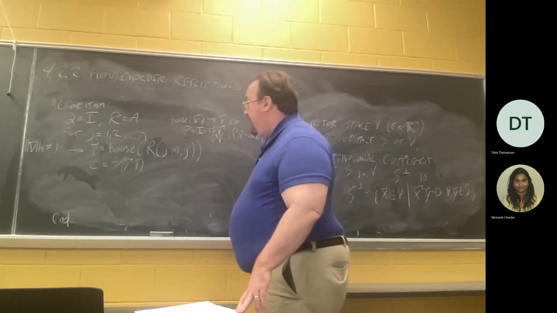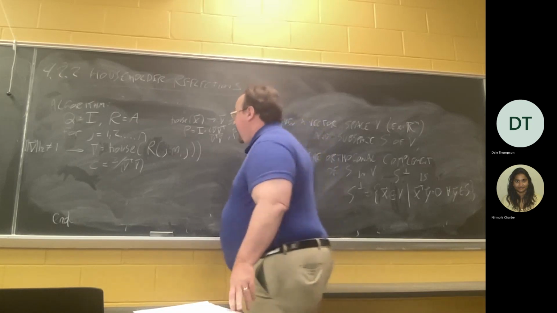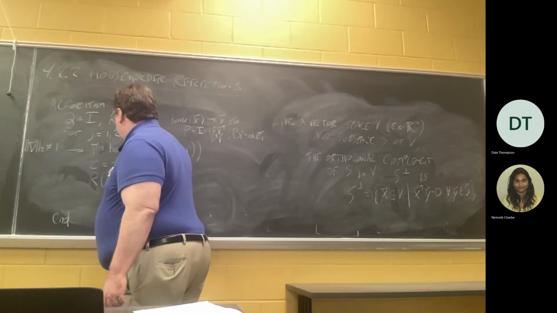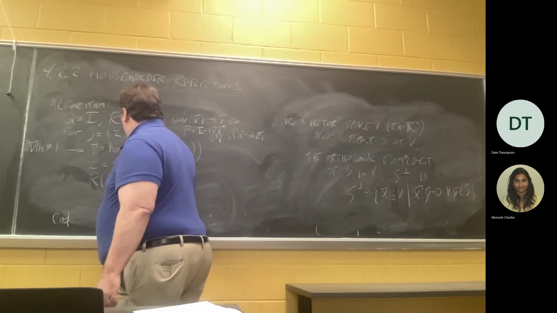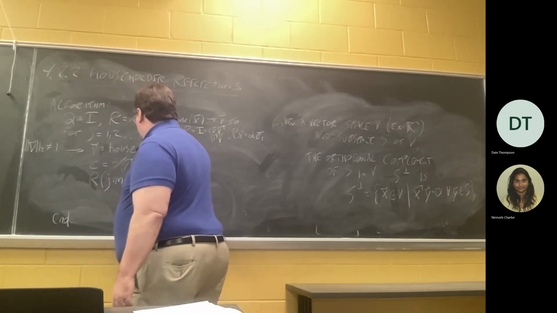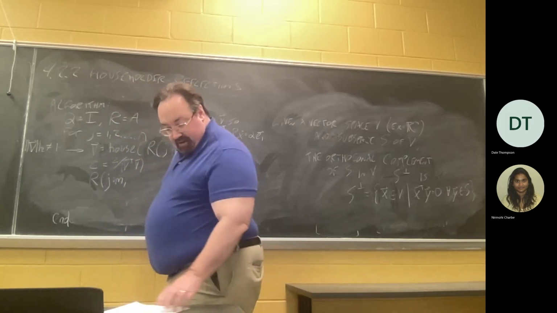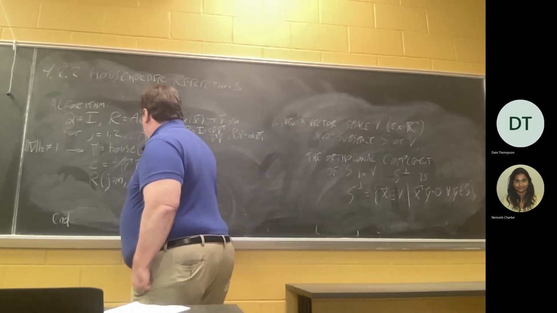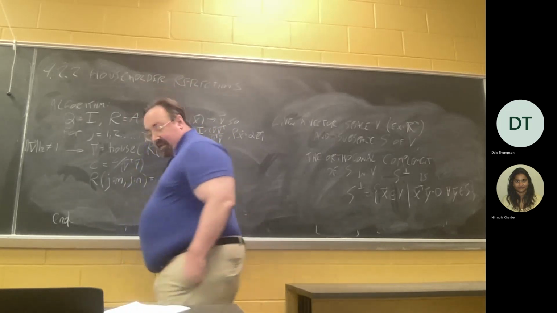Then what we do is apply this Householder transformation or reflection to rows j to the bottom, and from column j to n.